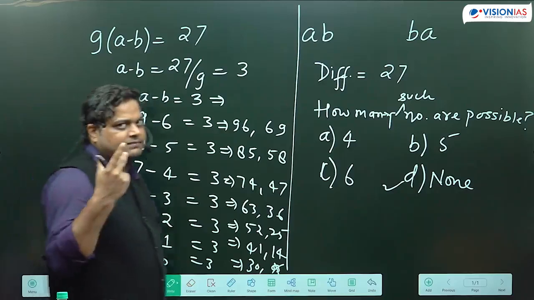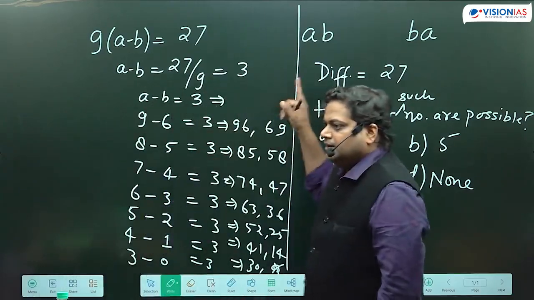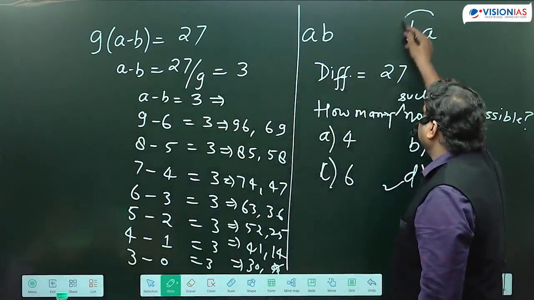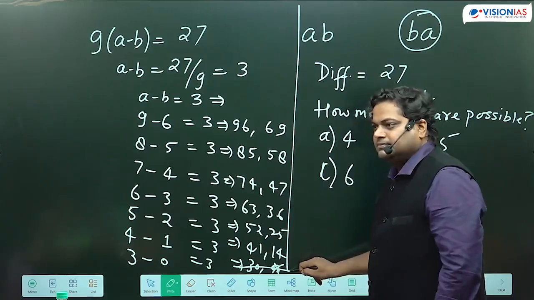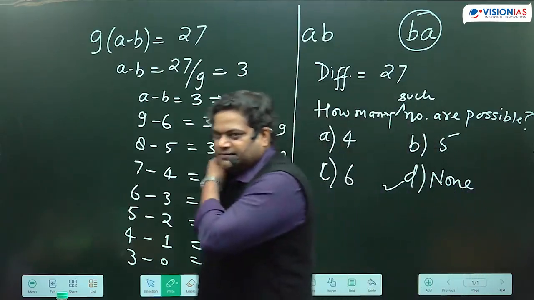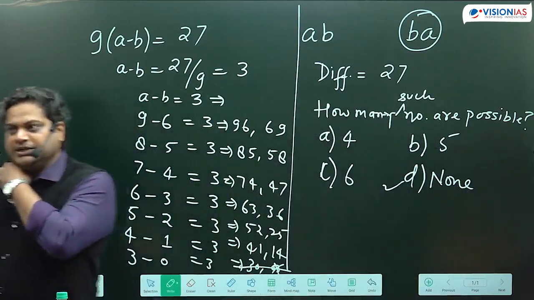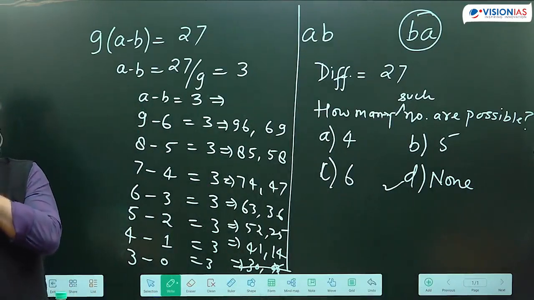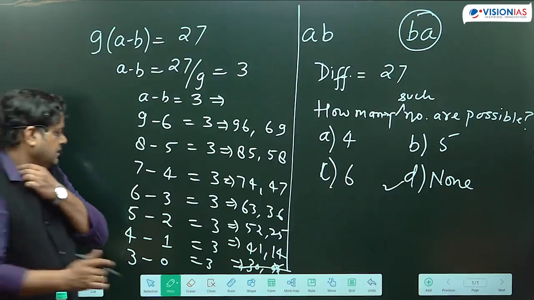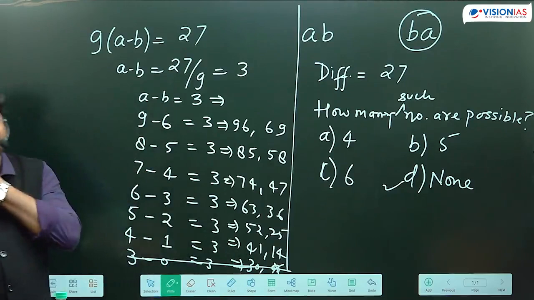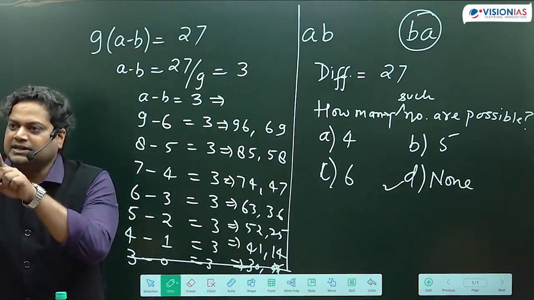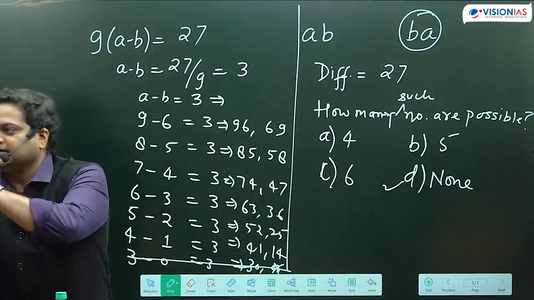Here what we have written is that after reversing the digits we are getting a 2-digit number. So we will not take this one, because on reversing we are not getting a 2-digit number. That number we cannot count, because in the question itself it is written that after reversing the digits we get a 2-digit number.